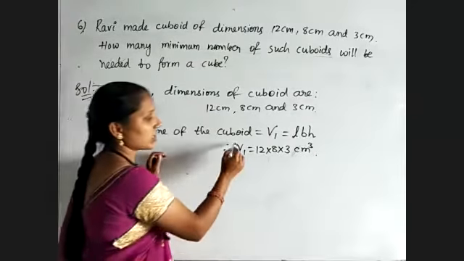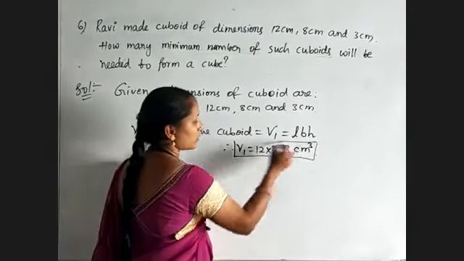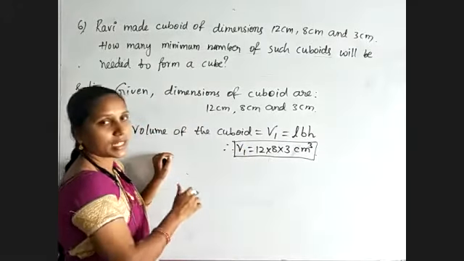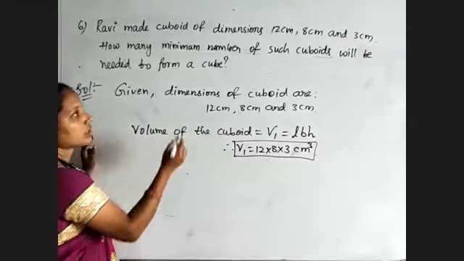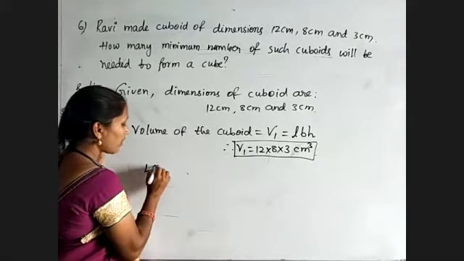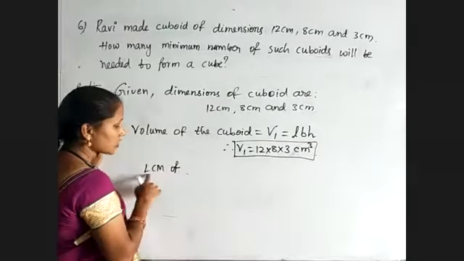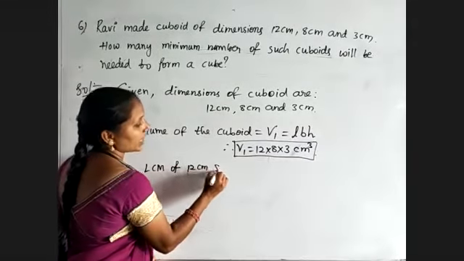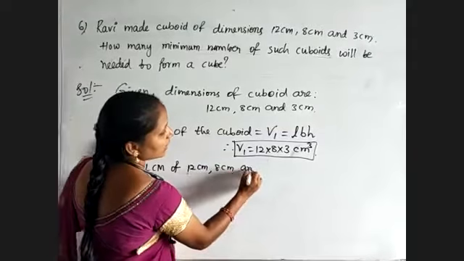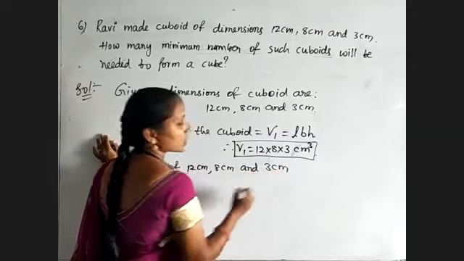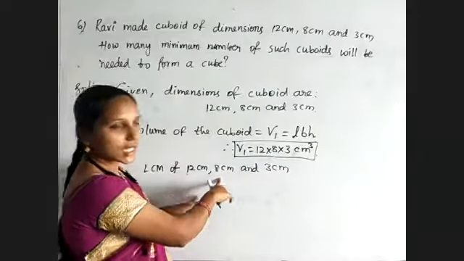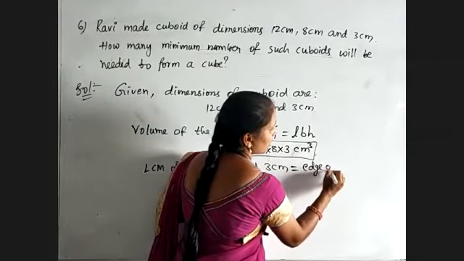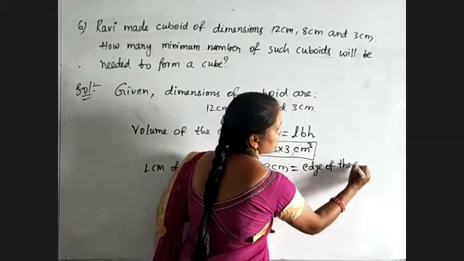Actually we need to find this volume, but there is no need to find it because they will cancel in the remaining calculations. Now take the LCM, the least common multiple, of 12 centimeters, 8 centimeters, and 3 centimeters. Why? Because the LCM of these 3 will be equal to the edge of the cube.